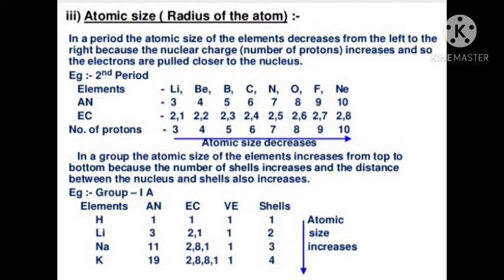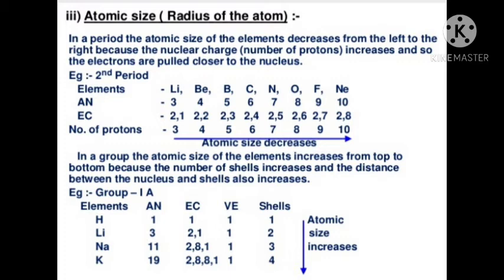In a group, the atomic size of the elements increases from top to bottom because the number of shells increases and the distance between the nucleus and the shells also increases. Group 1A, the elements are hydrogen, lithium, sodium and potassium. Atomic number of hydrogen 1, electronic configuration 1, valence electrons 1, shells 1.